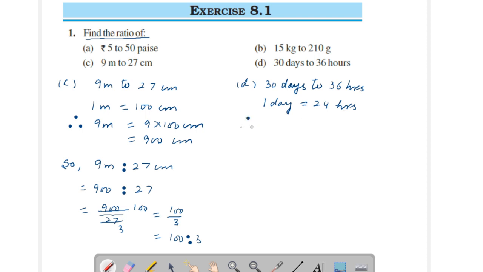Therefore, 30 days equal to 30 into 24 hours. Multiply it, you will get 720 hours.